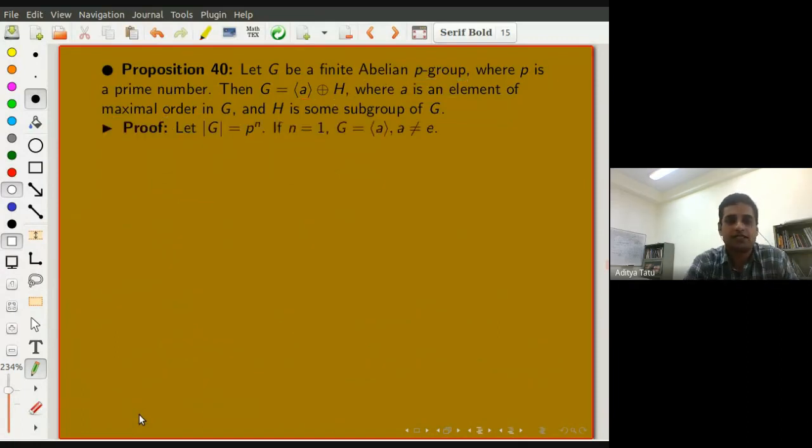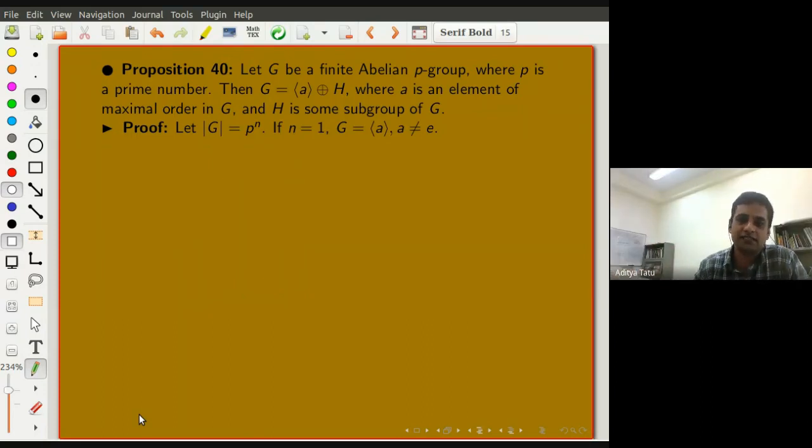Okay. Right. So the order of the group is, let's say, some P to the power n, simply because G is a P group. If n is 1, then the order of the group is equal to a prime number, right? And it is already cyclic.